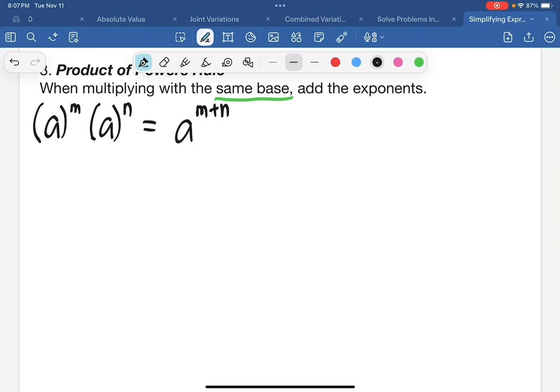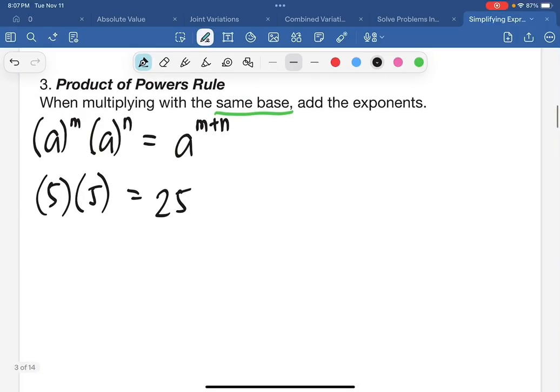Same, let's try the 5 squared from earlier. If you have 5 times 5, obviously this is just 25, right? But if we incorporate the product of powers rule, we have the same base, 5 and 5.